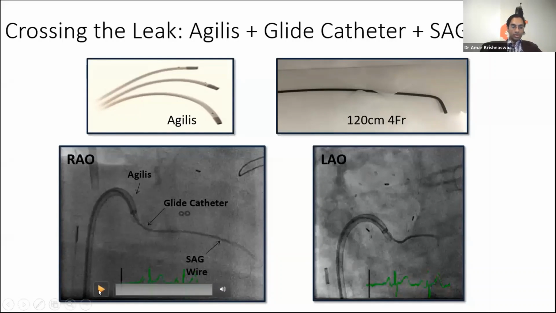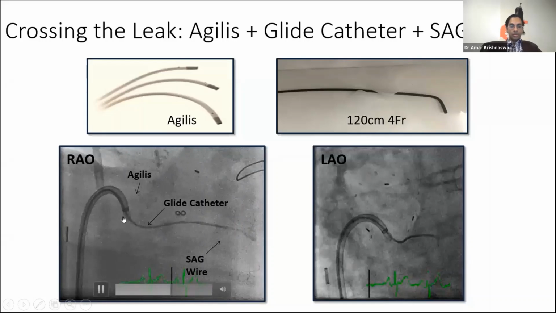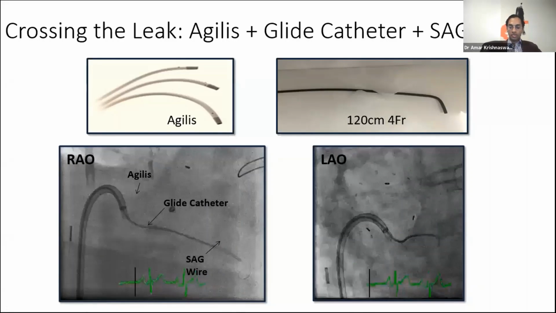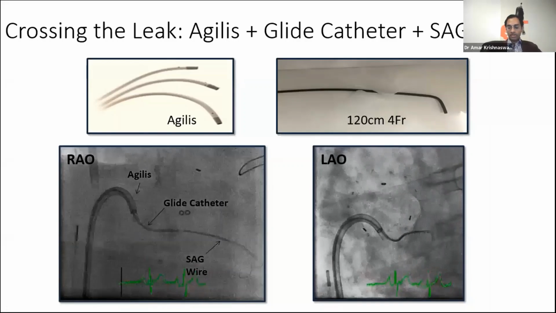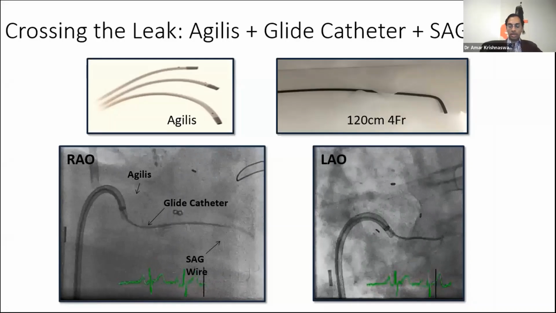And then, as you can see here, this is our current patient. You can see the dots of the mitral valve ring. You can see that we cross the leak with the Glide wire and then pass through with the Glide catheter in order to ultimately provide more support. And you can see here in this patient, we've first decided to tackle the posteromedial leak, as you can appreciate in the LAO projection.